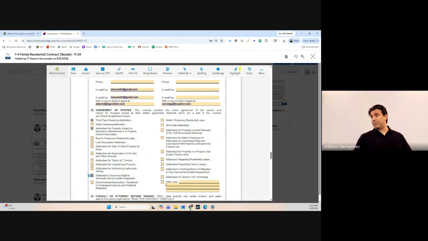And nothing else is applicable, but we are going to ask for that fridge. So I'm going to put the non-realty addendum in there as well. Now, they would probably like for us to do what as well? What other little document did they want us to put in there?